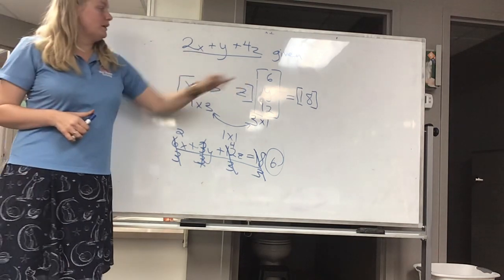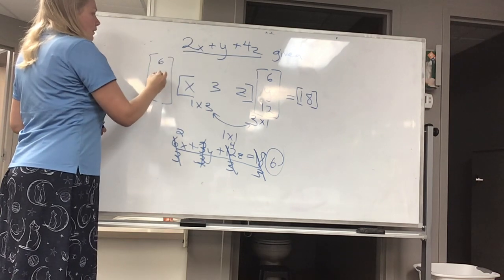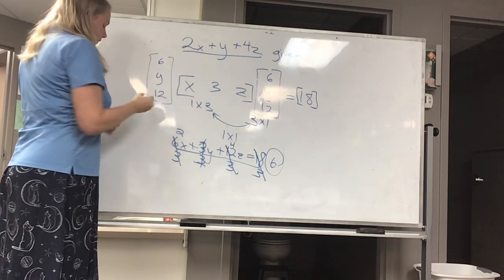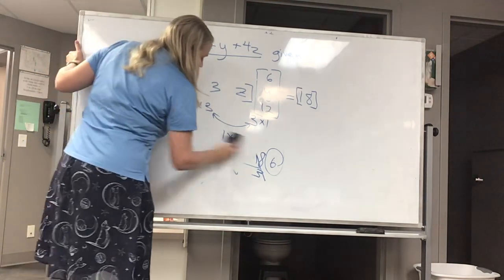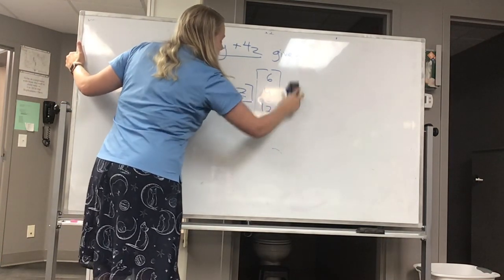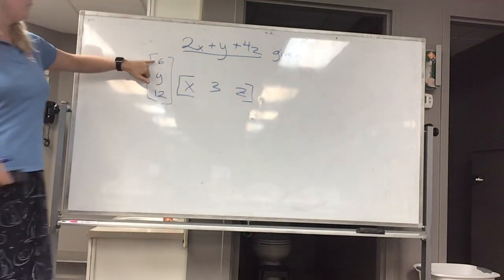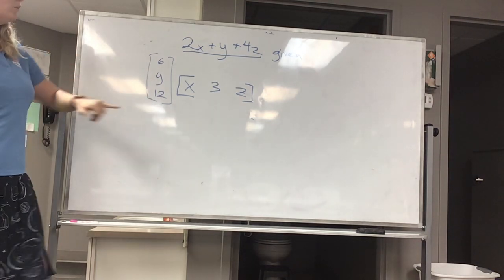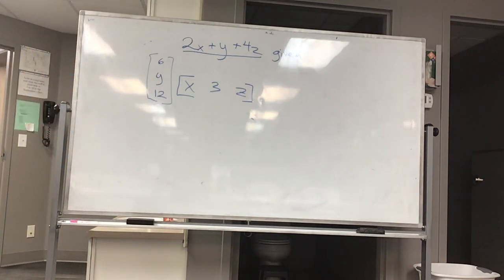Consequently, if we flip-flop these, just to review that multiplication again, our result would be a little bit nonsense, but it's good to talk about the concept again. If we have the matrix 6, y, 12 multiplied by x, 3, z, how big would our answer be? What would the dimensions of our answer be? 3 by 3.